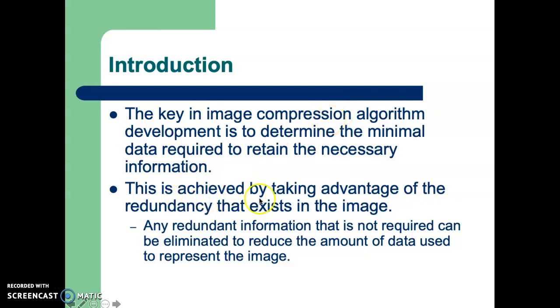This is achieved by taking advantage of the redundancy that exists in the image. Any redundant information that is not required can be eliminated to reduce the amount of data used to represent the image.